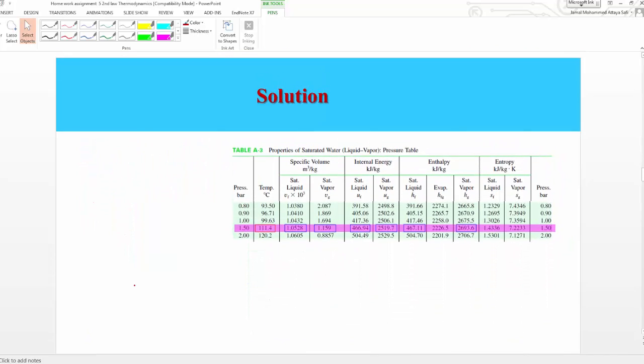Okay, let's try to do the process. So now is process 2 to 3. And I draw it here just in case.